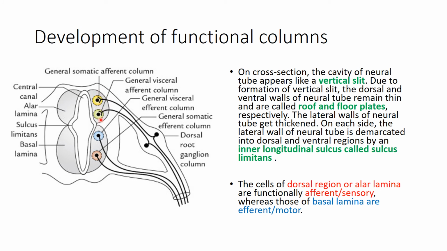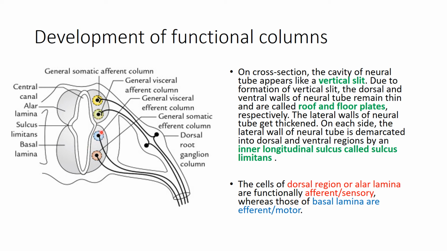The first one here is the general somatic afferent column. Afferent column refers to it carrying the sensory information from the periphery to the spinal cord. The other column is called the general visceral afferent column. So it receives the sensory information from the viscera of the body.